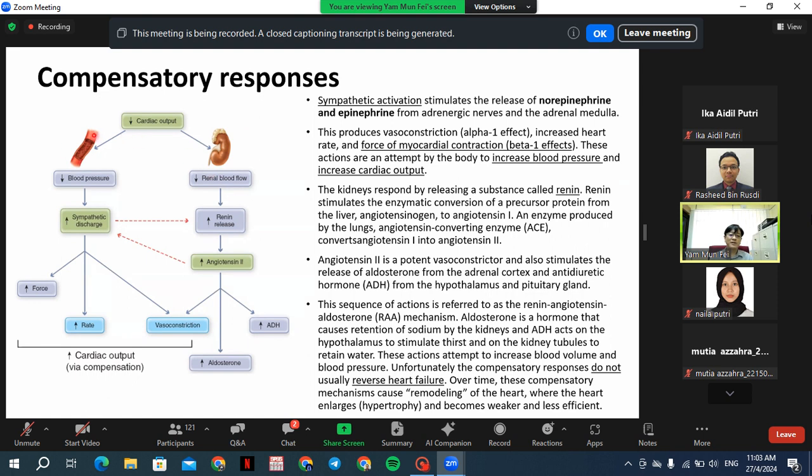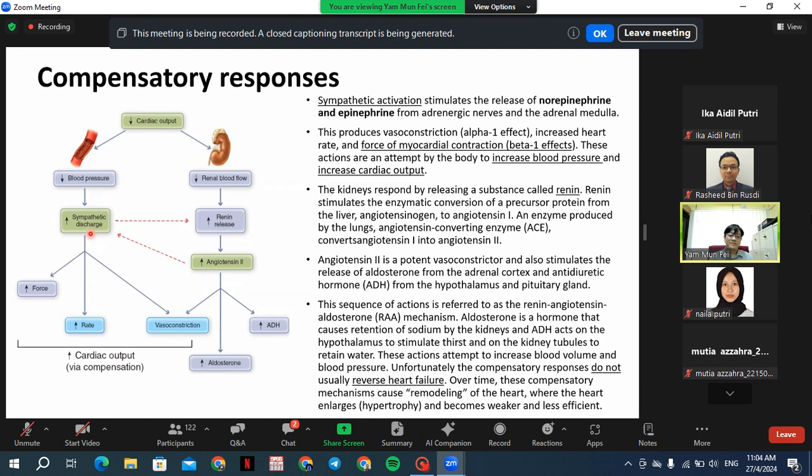So what happens to your blood vessels? Your brain will automatically produce more vasoconstrictor. This condition we call stimulation of sympathetic discharge. Once sympathetic stimulation has been activated, they will produce norepinephrine and epinephrine.